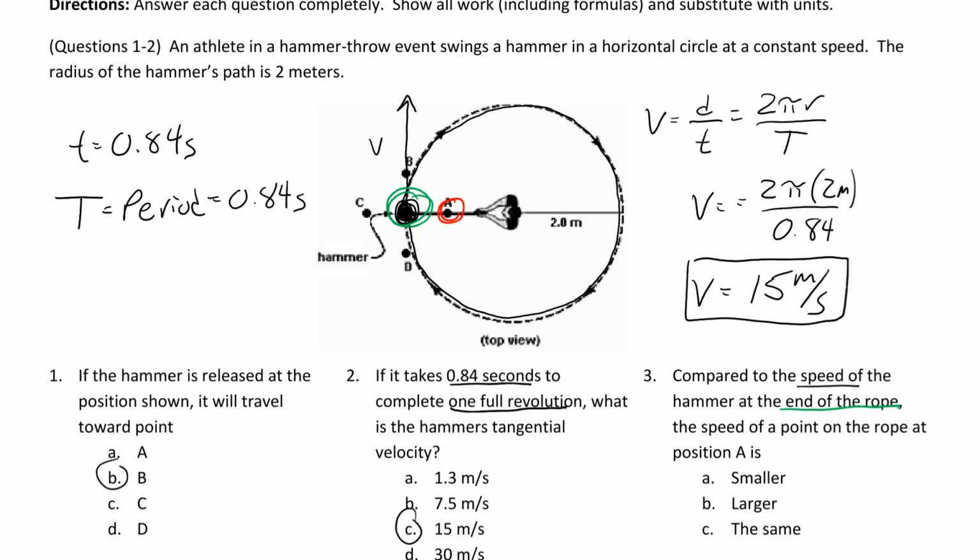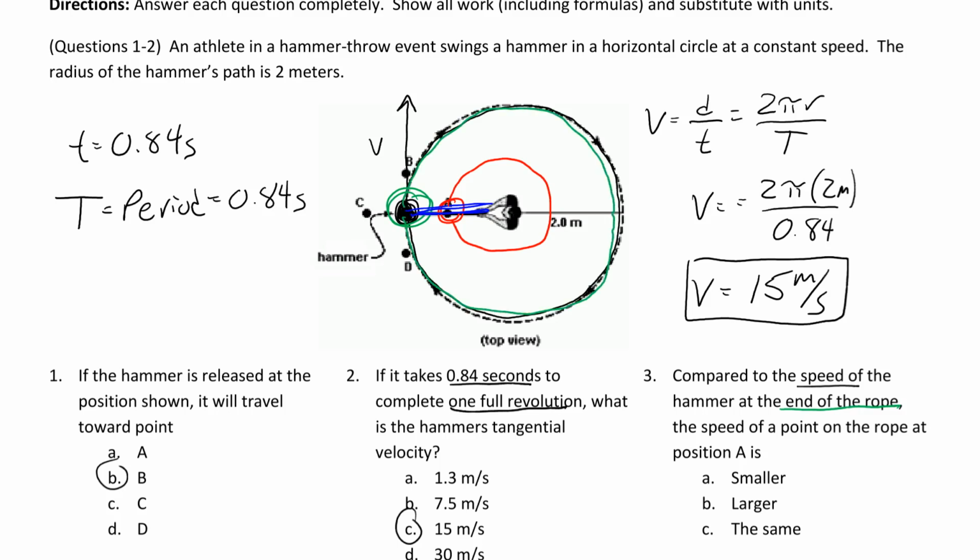Well, as we talked about in class, we could think of this line right here as almost like a solid object. It's moving around the circle together. It stays in a straight line. So that point and this point each move in a circle.